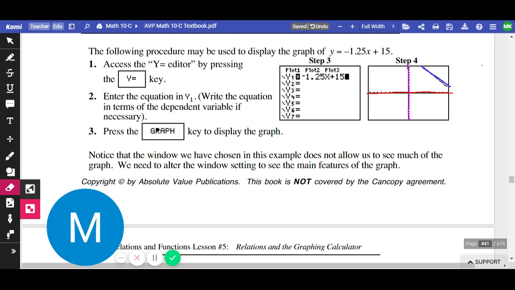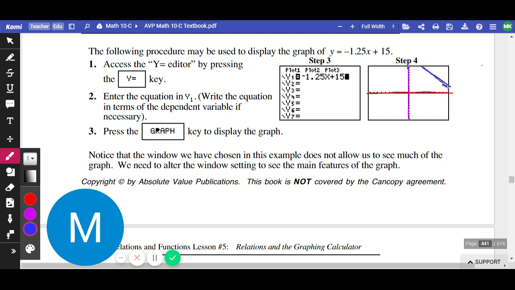Typically, we want to be able to see our x-intercept, our y-intercept, and we don't want to waste too much room, like waste too much of the screen. I'll show you what I mean by that in a little bit. Looking at this, I can't see x or y-intercept. If I looked at that blue line, and I continued it, right? Because we know that line continues.